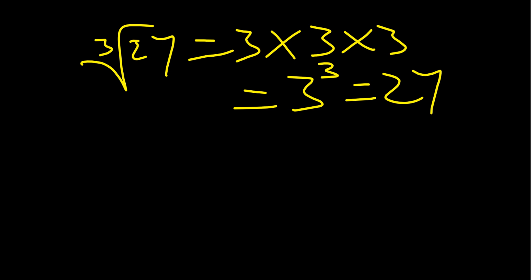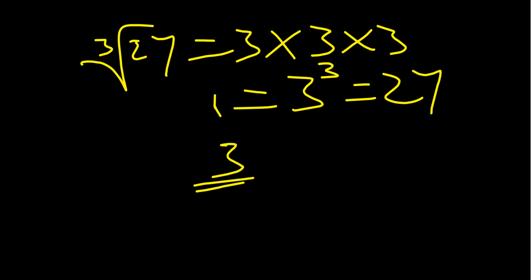So what we are trying to say is that the cube root of 27 means how many numbers can multiply itself 3 times to give you 27. And that is why we have 3 here. So without wasting more time, I don't want this to complicate the issues in your head.